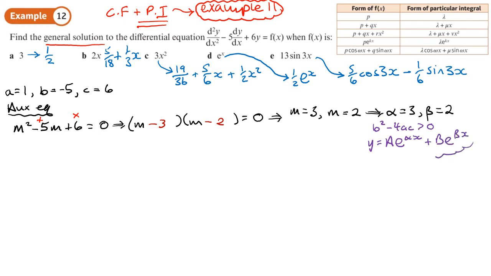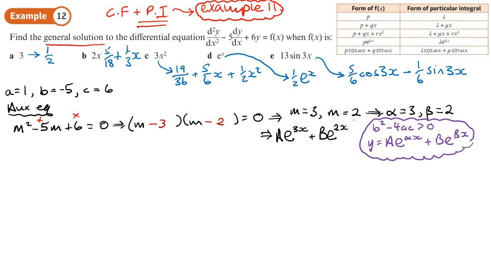Yeah, so that's from the previous section. So that means that the general solution that I get, and this is what we call a complementary function, is going to be a e to the 3x plus b e to the 2x.